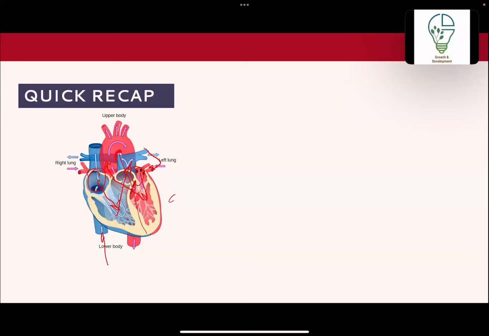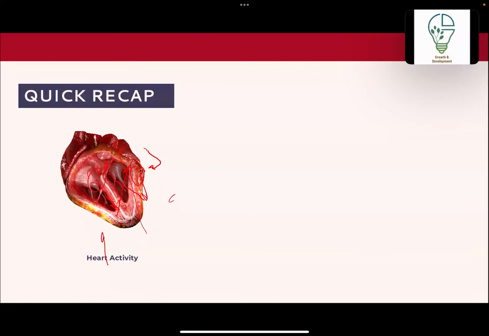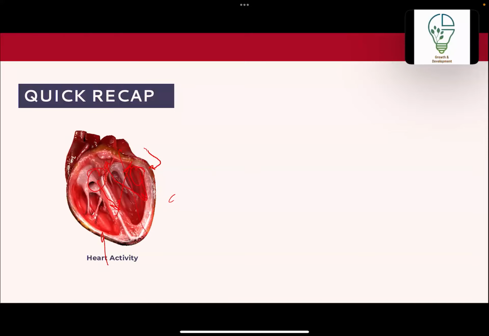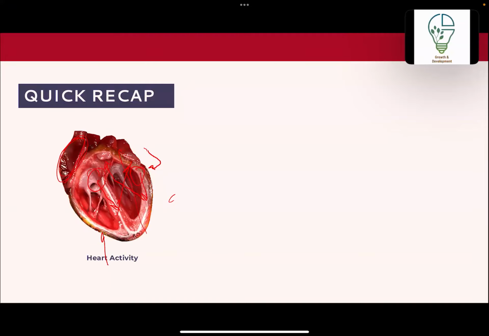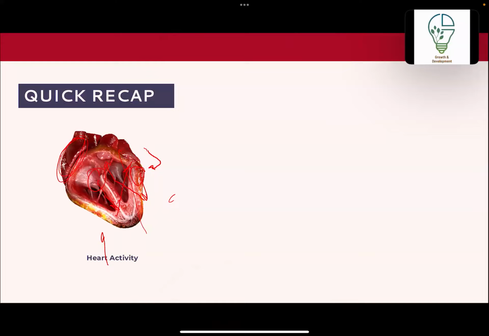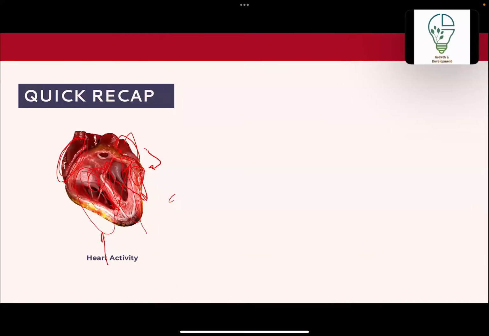So I added a video for you guys to see exactly how this happens. One thing that I want you to notice about this is how this is the right atrium. This is the right ventricle, and then this is the left atrium, and this is the left ventricle.